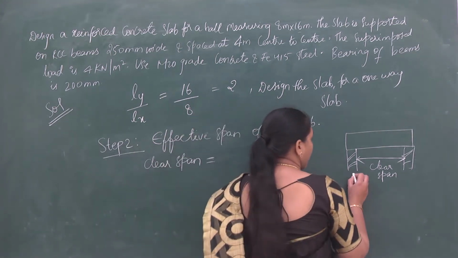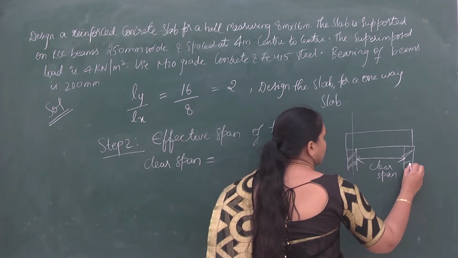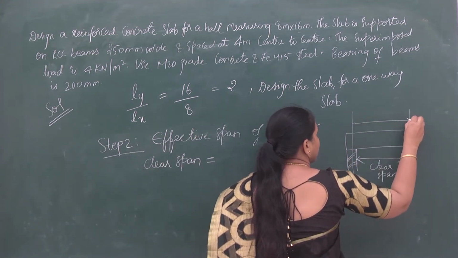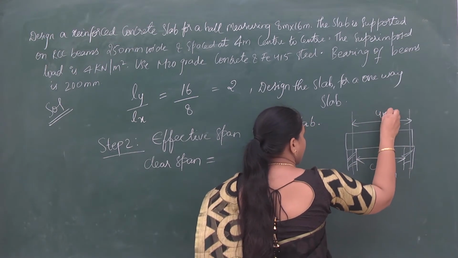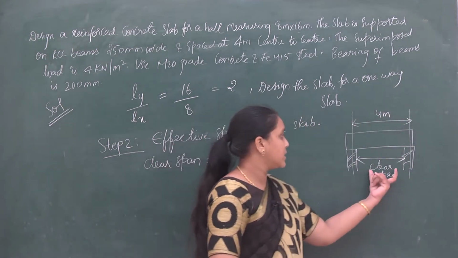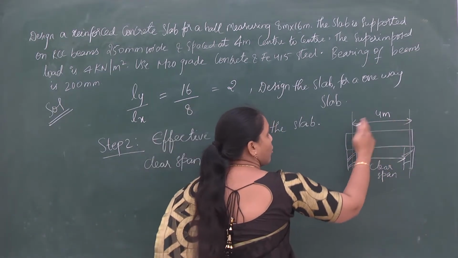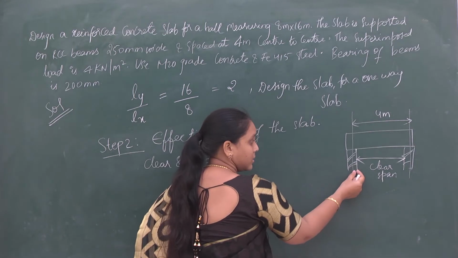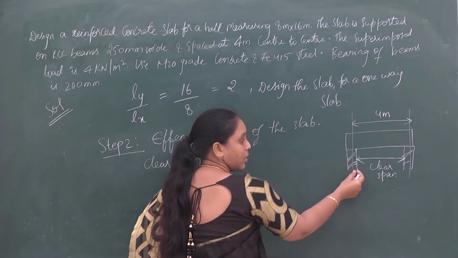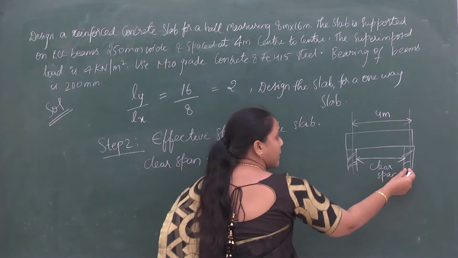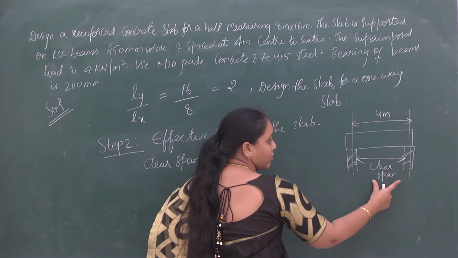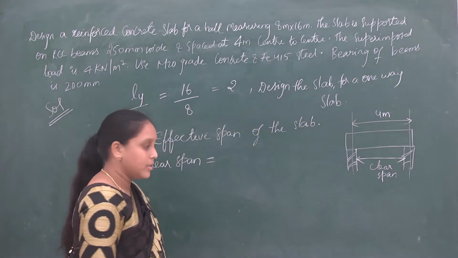That is, this distance is 4 meters. But we need this distance. So we will calculate this distance. 4 meters minus half of the support minus half of the support will give you the clear span.